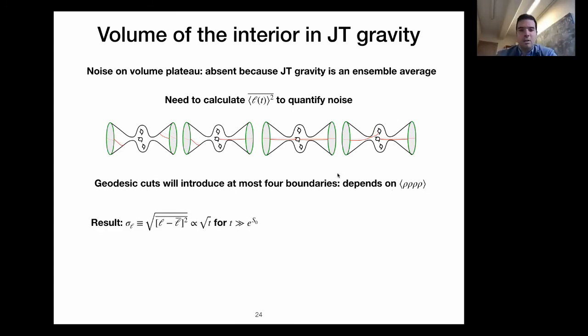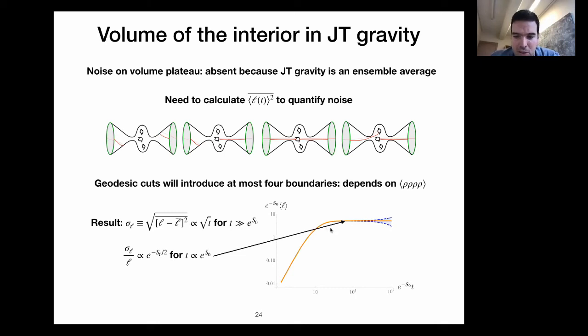Okay, so what we find, with a set of subtleties that I will mention, is that if you do this calculation for the variance, you find that the variance grows as the square root of time when the time is much larger than the exponential of the entropy. So you get a curve like this, where the orange curve is the expectation value and the expectation value plus and minus the variance is shown here in blue.